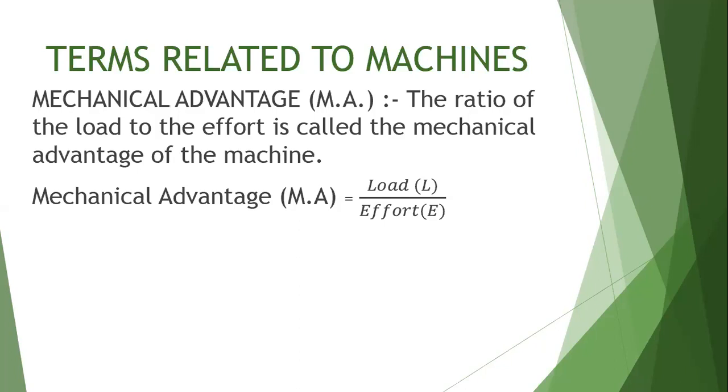As I told you, a machine can be used as a force multiplier, as a gain in speed, to change the point of application, or to change the direction of force. These are the fundamental usages of a machine. So if I want to know whether my machine is a force multiplier or a speed multiplier, then I have to find out its mechanical advantage.